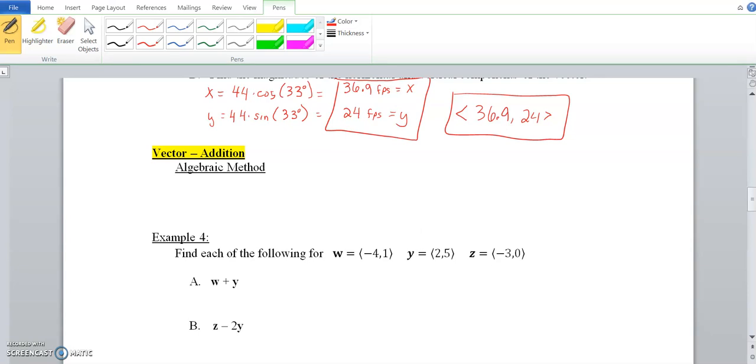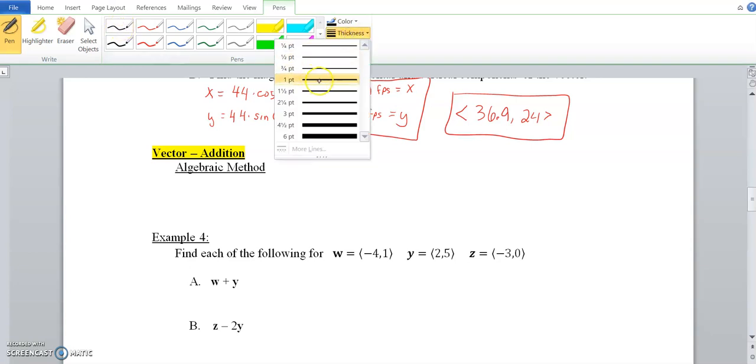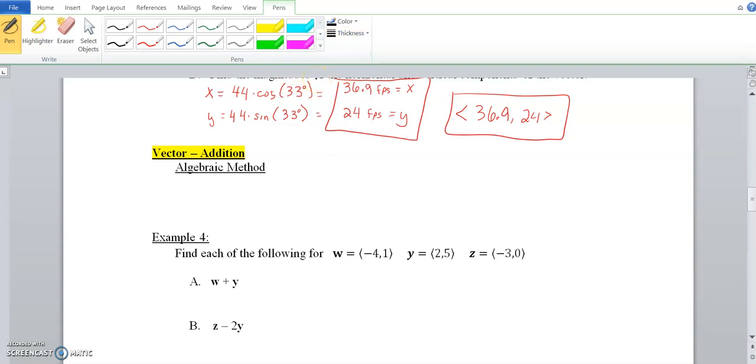This part is just vector addition, but we're going to use an algebraic method. So I'll start by giving an example.